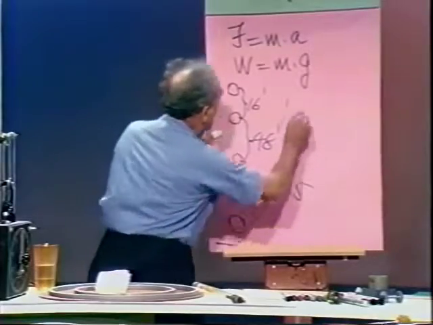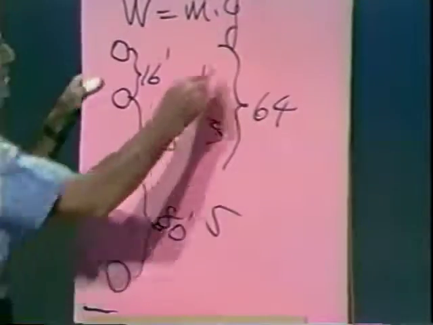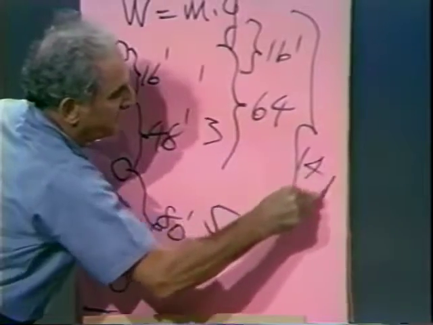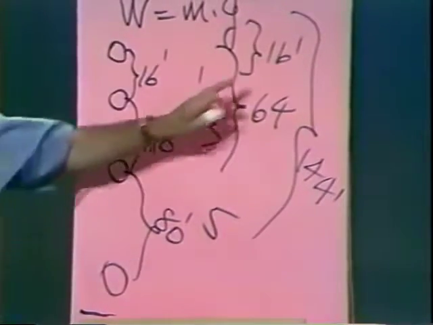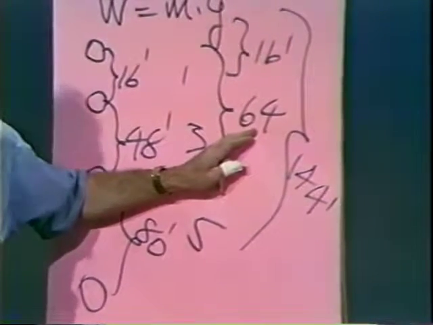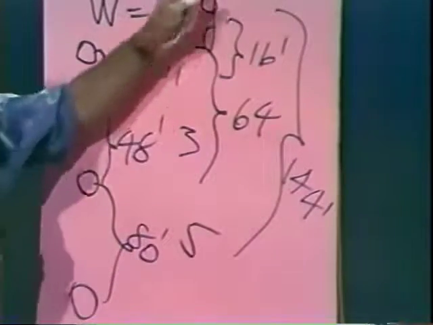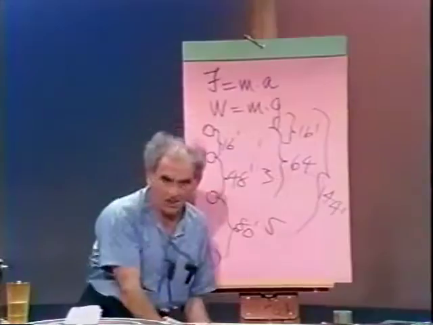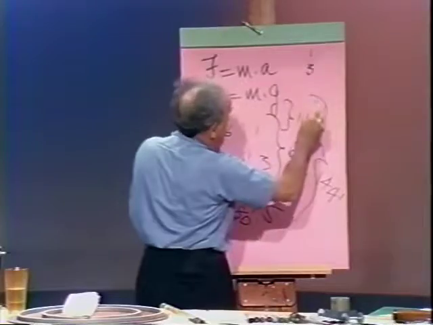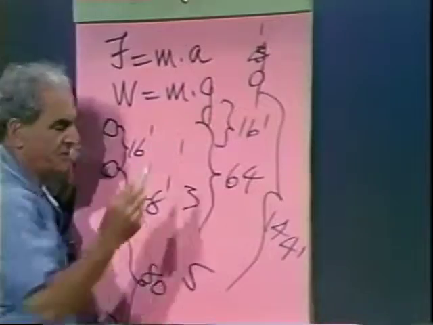Now, further than that, you see that the first 2 seconds is 64 feet, the first second is 16 feet, the first 3 seconds is 144 feet, and look at these numbers. 16 into 64 is 4, that's 2 squared. 16 into 144 is 9, that's 3 squared. So the distances all fallen during the succeeding seconds are in the order 1, 4, 9. You see, 1 squared, 2 squared, 3 squared.